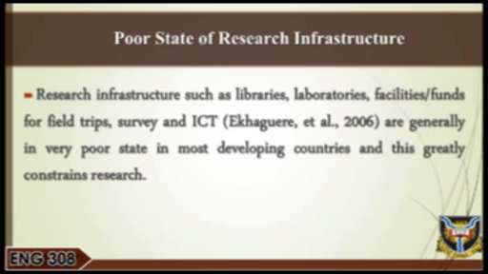Most university libraries are silent graveyards for old and outdated books and reference materials, which serve no current or relevant research purposes. Laboratories are not any different, as necessary chemicals and instruments are either not available or in very bad shape.